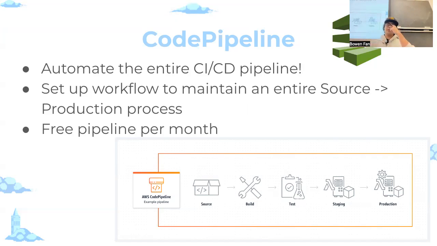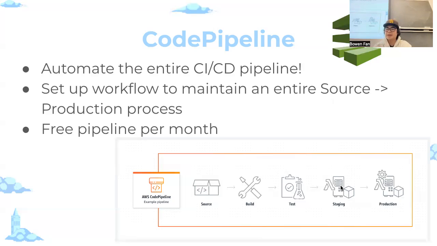It'll help you contextualize it, but you can get one free pipeline per month, and basically it'll automate the entire process of CI/CD. So you have source, like source code, for example. Once you build it, you want to test it, right? And after you test it, you want to stage it in the correct environments.